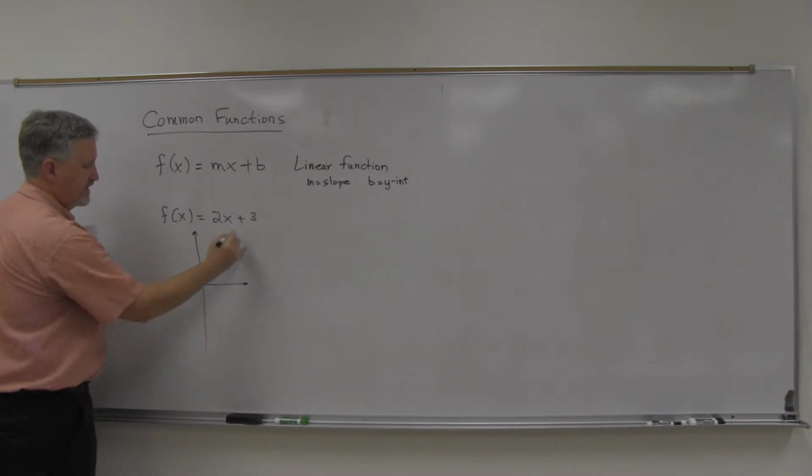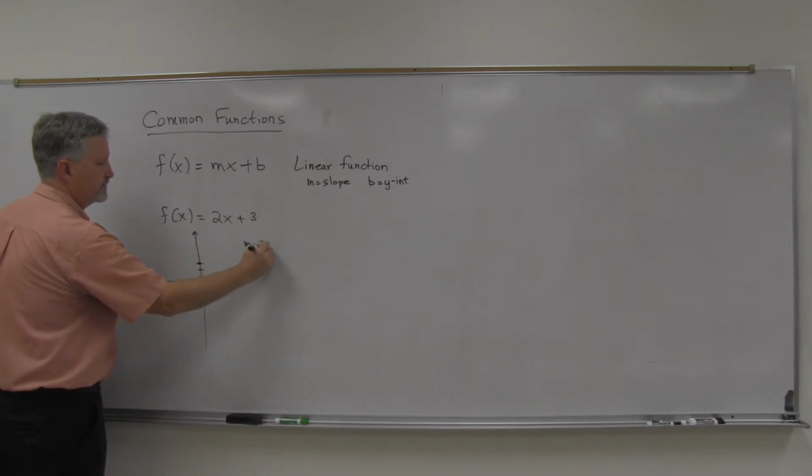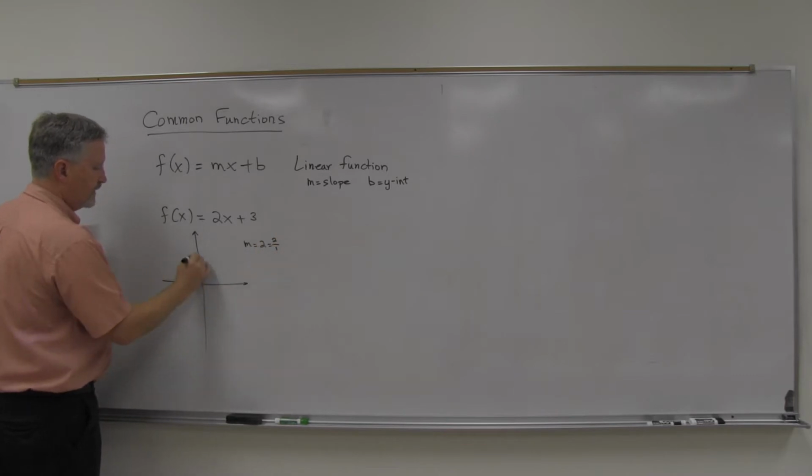So we got y-intercept is 3, slope is 2 over 1, so that's rise over run. Rise 2, run 1.